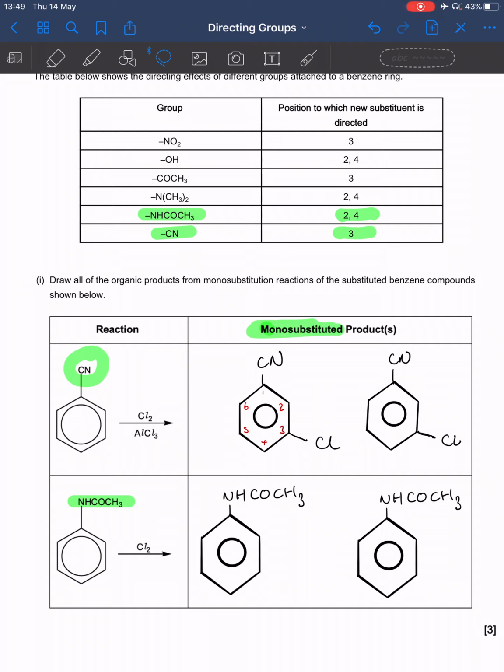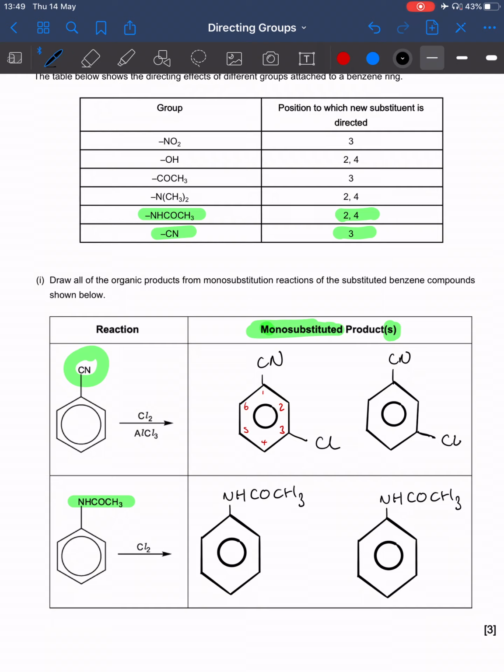Now, there's 3 marks available here, product or products. I'm going to just highlight up the products because that's going to be quite important. So we know that the NHCOCH3, that directs to the second or the fourth position.